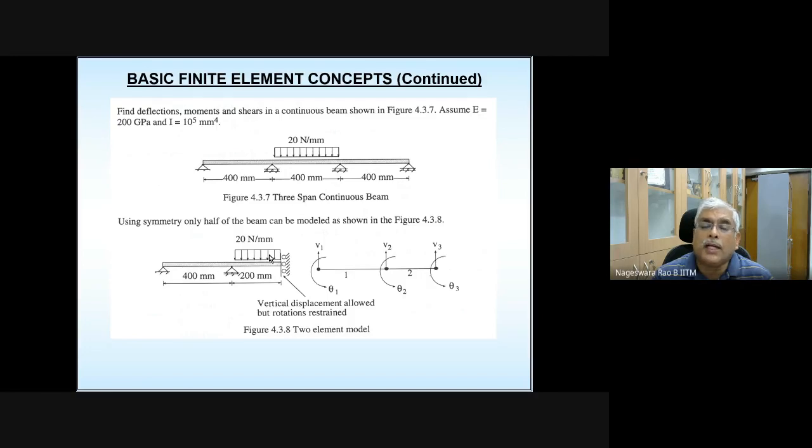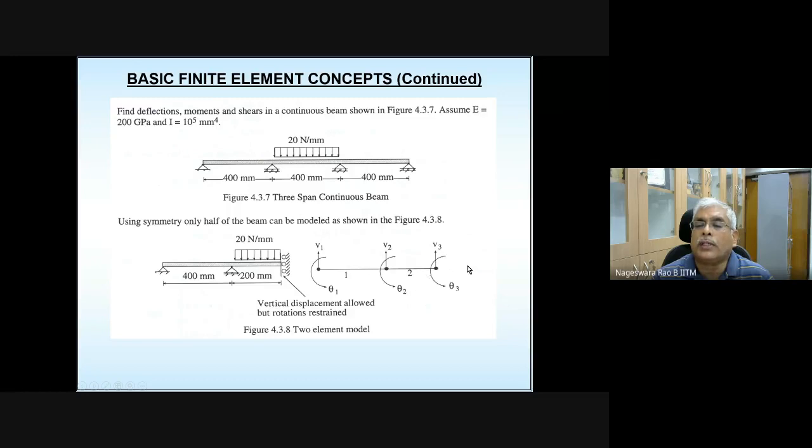And whatever element equations that we developed, their Q is acting in the upward direction. So we need to append a negative sign to that, because now the load is acting in the downward direction. Keep that in mind.